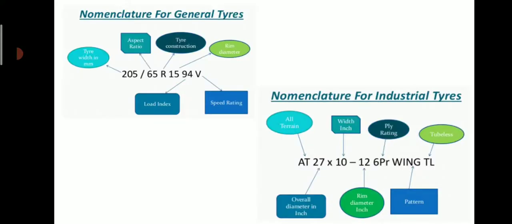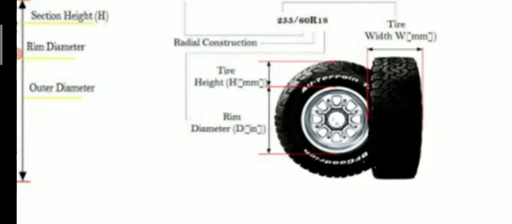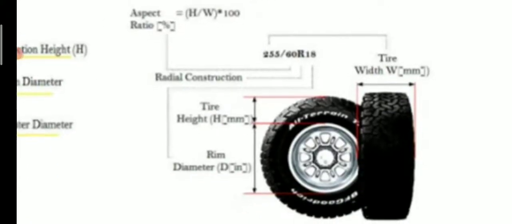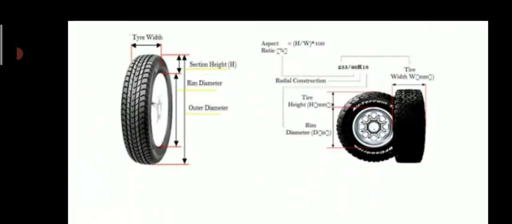So you will see the nomenclature for general tires and the nomenclature for industrial tires like this. The things I have already told you. After that, this is the tire width, rim diameter, other diameter, such things you will find in this figure. Aspect ratio, the same things that I have just told you.